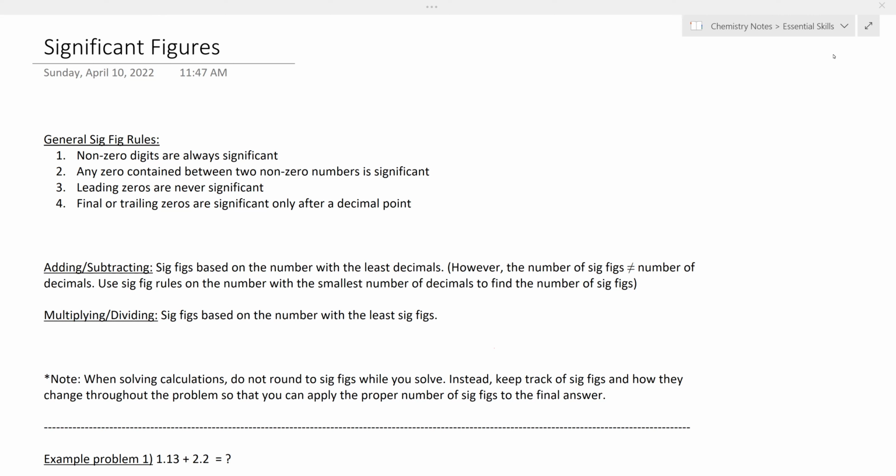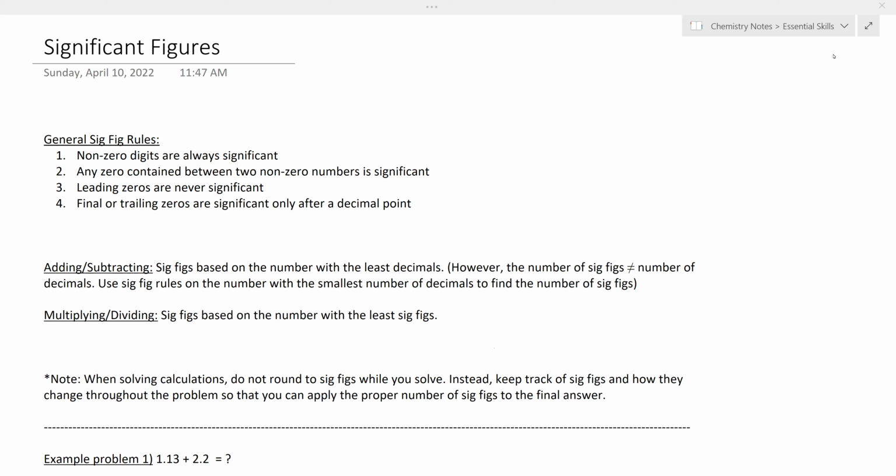Okay, so the general sig fig rules: any non-zero digits are always significant. So if you're looking at a number and you see anything that is not 0, that for sure is a sig fig. Unless there's something within the precision or uncertainty that tells you it's not, but as I said, in this case, we are not considering that.